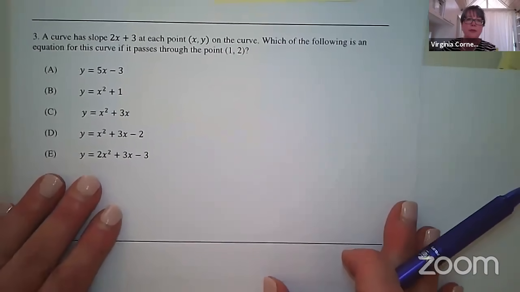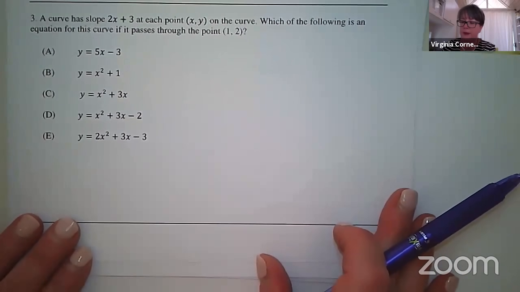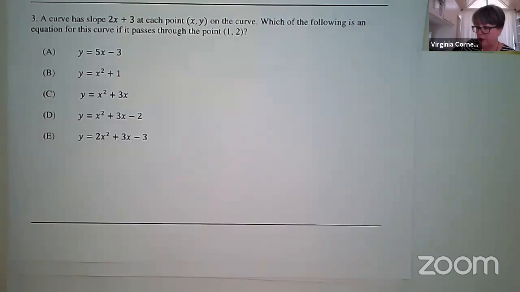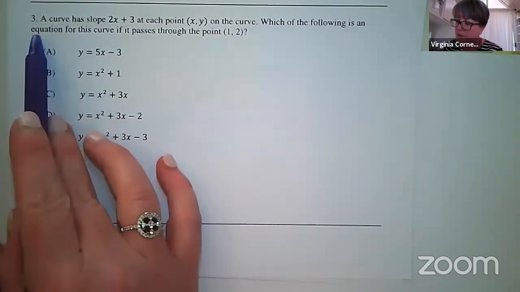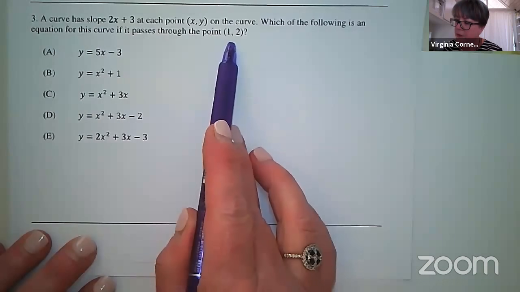We're going to do number 3 next. And again, you don't have this in front of you if you're watching live, so I'll read it and you can jot down the pertinent information. It says a curve has slope 2x plus 3 at each point x, y on the curve. Which of the following is an equation for this curve if it passes through the point 1, 2?